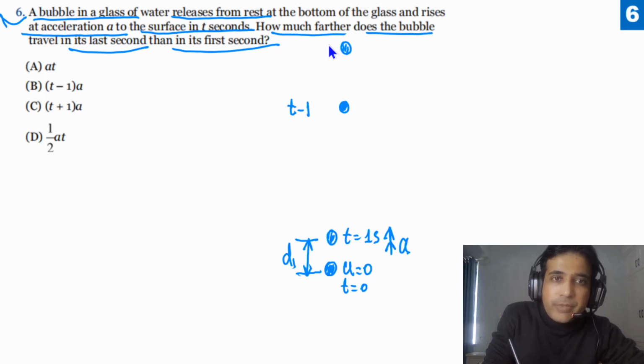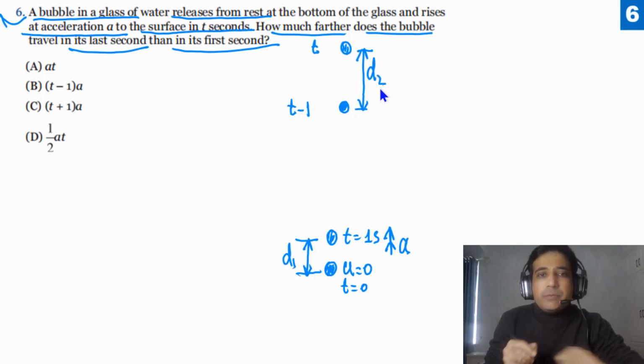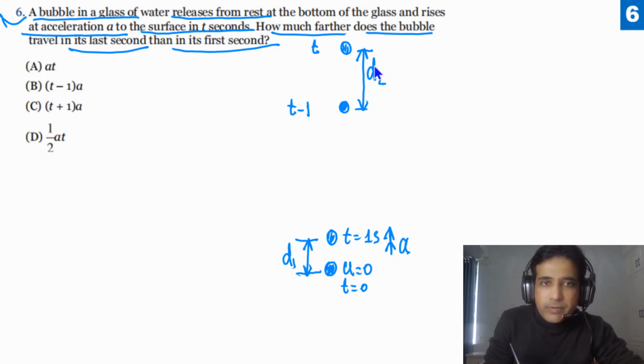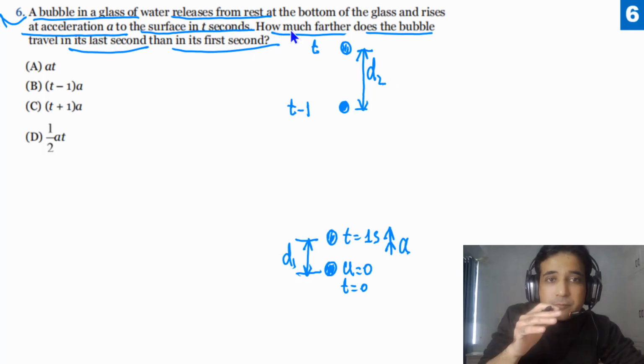So the time taken between these two positions is 1 second. We can label this distance traveled d2, and acceleration is constant. First we will calculate d1, then d2, and then we need to find the difference, because the question is asking how much further.